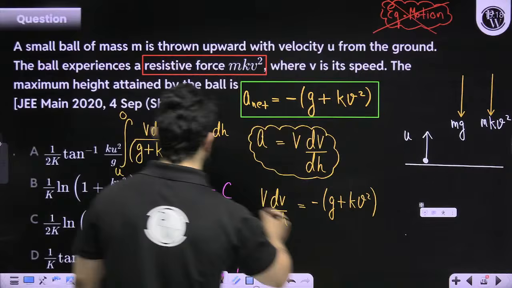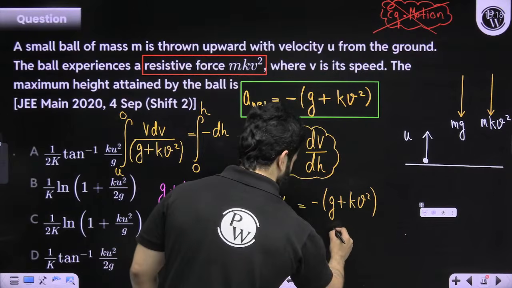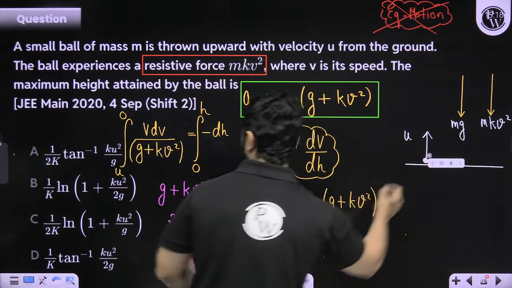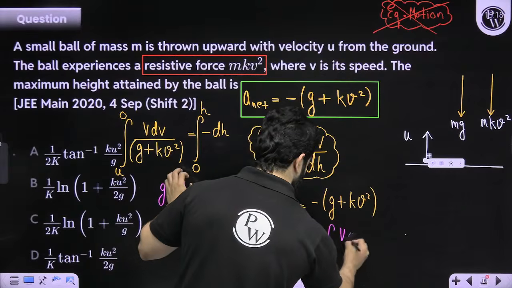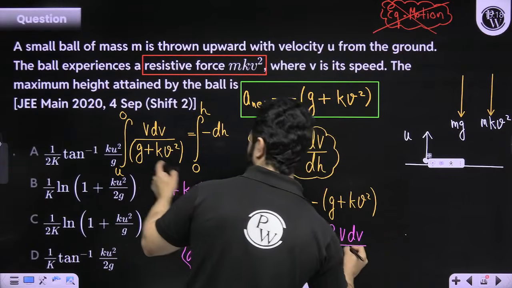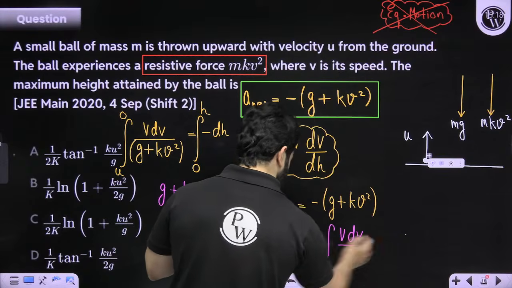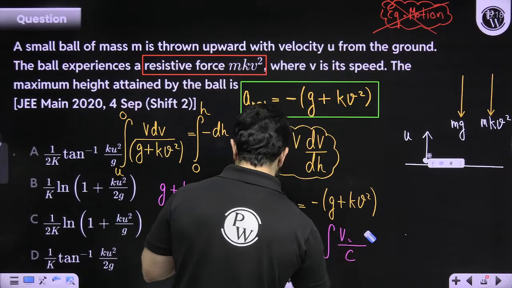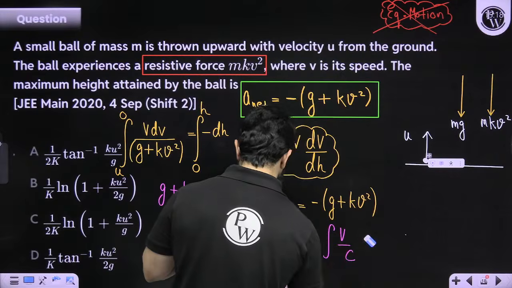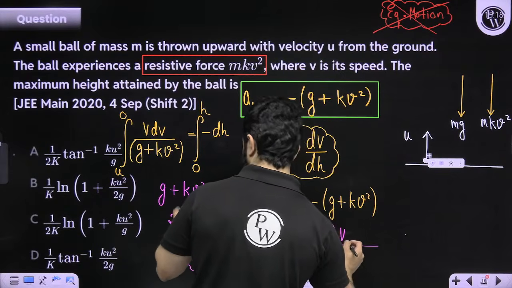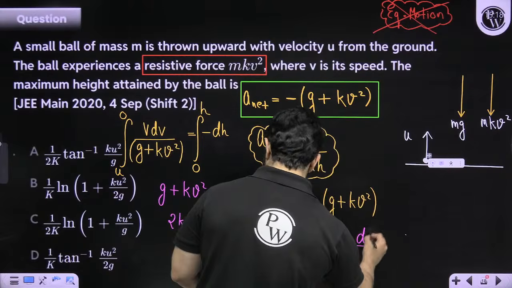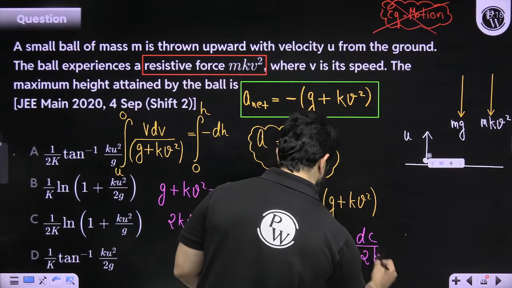Or you can directly use natural log. There is also an identity. If you don't remember that identity, then I am explaining it to you. So you have v dv divided by g plus kv square, which is c, and instead of dv, my dear friends, we write dc divided by 2kv.